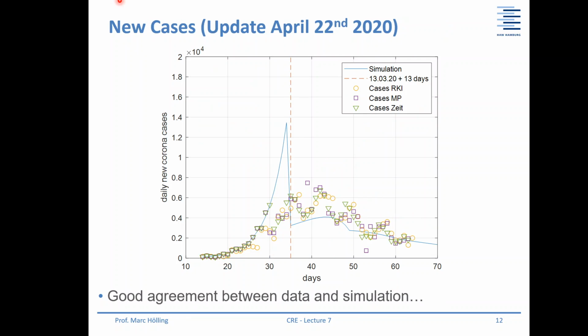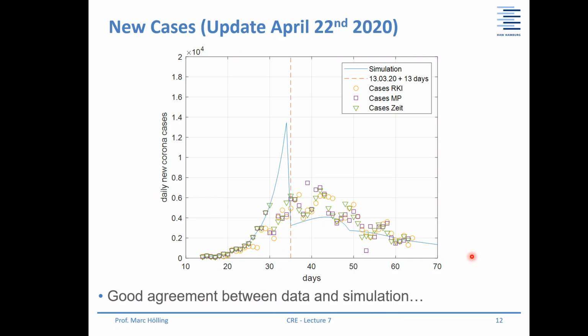If you then look at the daily new cases, you can see that the agreement right now is quite good, I would say. At least in this range, and then you can question the number of cases. You always see the weekends and the Easter days and so on, but if you look at the scatter of the data, the prediction is not that bad. So I would say it's a good agreement between data and simulation.